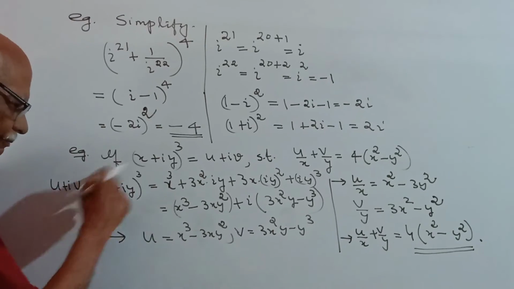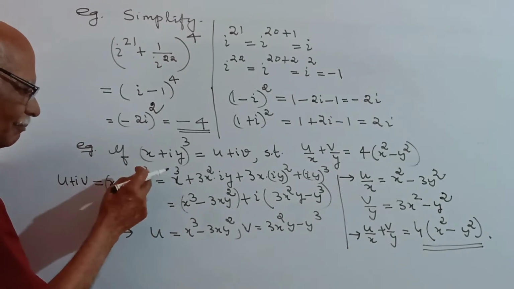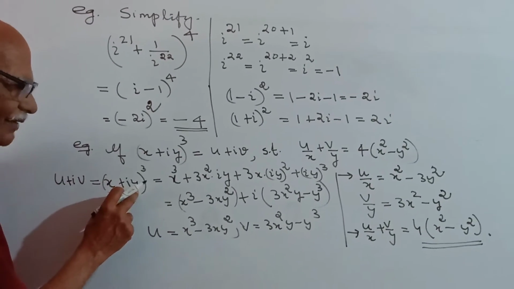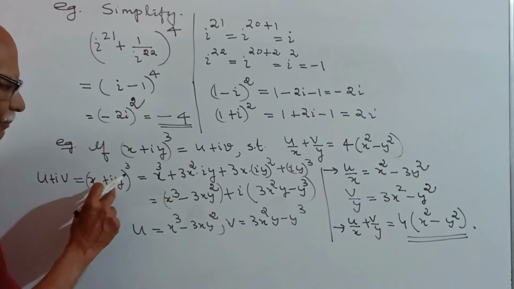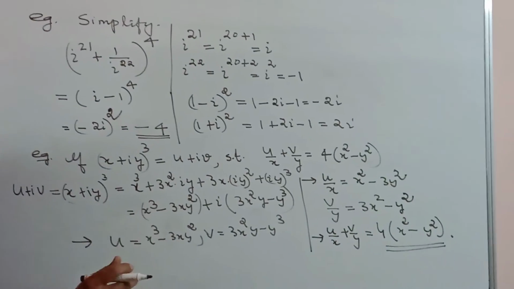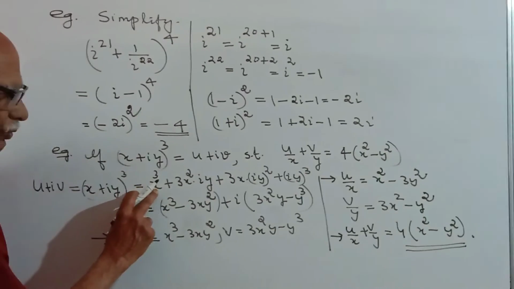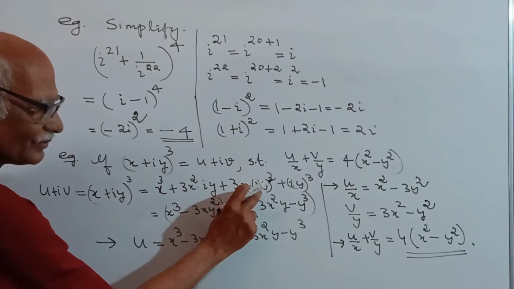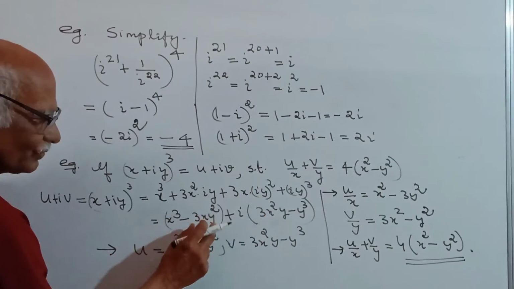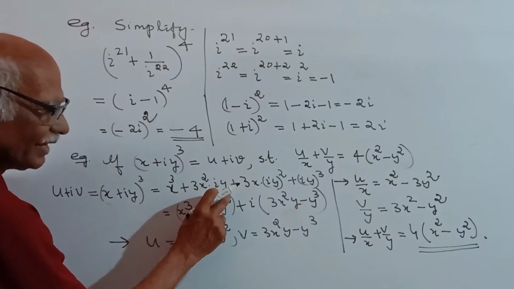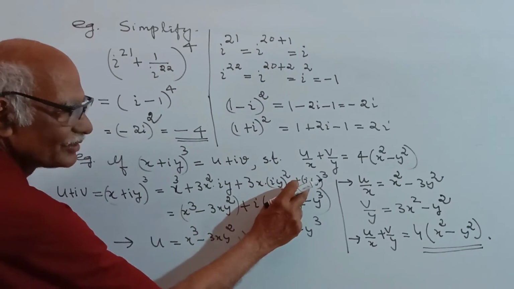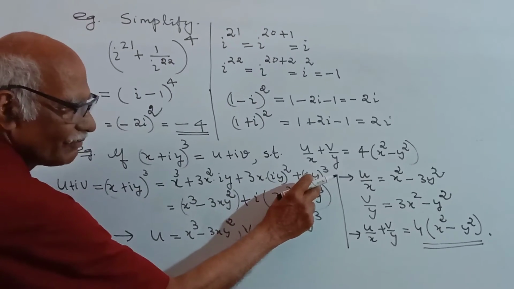So it produces x cube plus 3x squared into iy plus 3x into (iy) the whole square plus (iy) the whole cube. It reduces to x cube, then i squared is minus 1, so minus 3xy squared plus i multiplied by 3x squared y, and i cube is minus i multiplied by y cube.